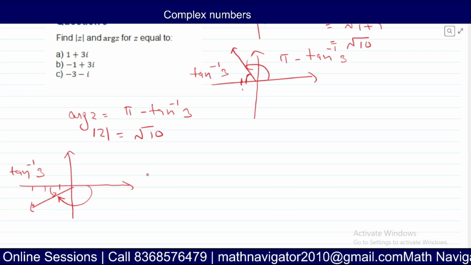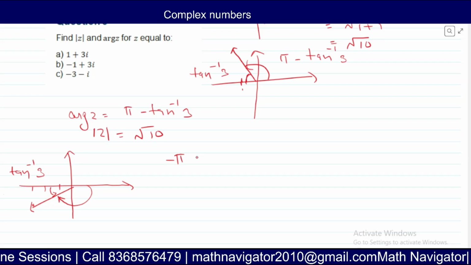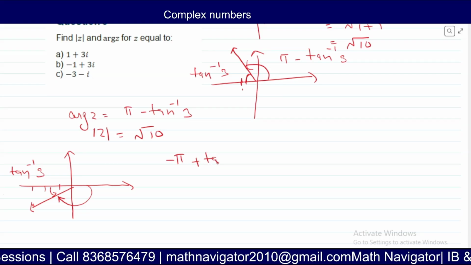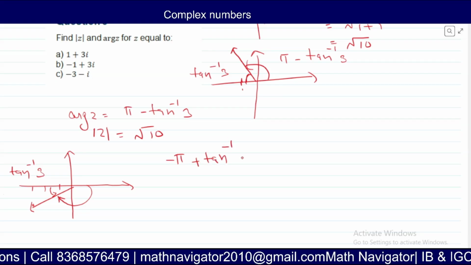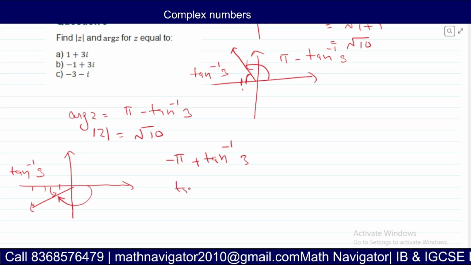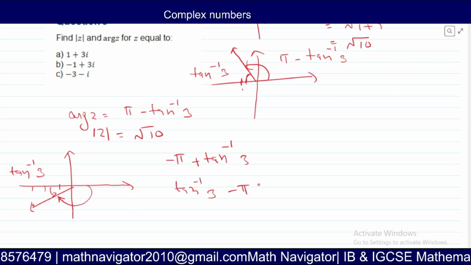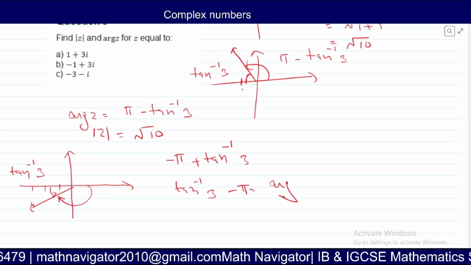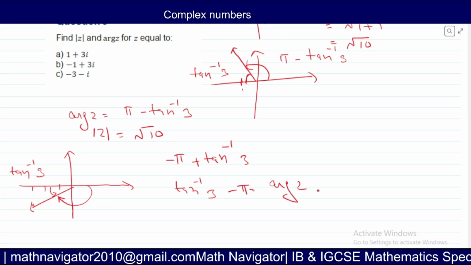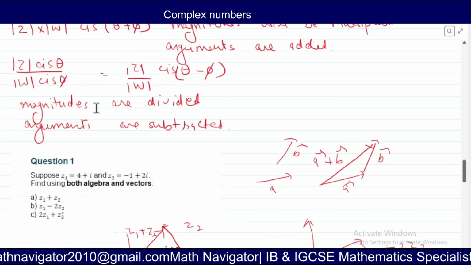Got it? So this angle will be negative pi plus tan inverse 3. So this will be tan inverse 3 minus pi. This is my arg z. I hope this is clear to all. Perfect. Let's move to the next question.